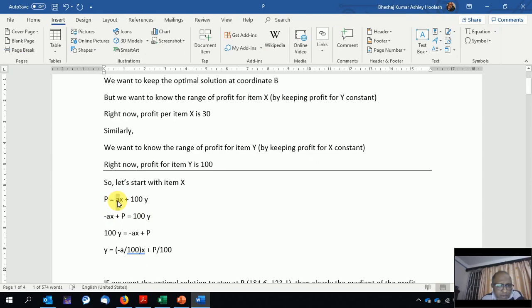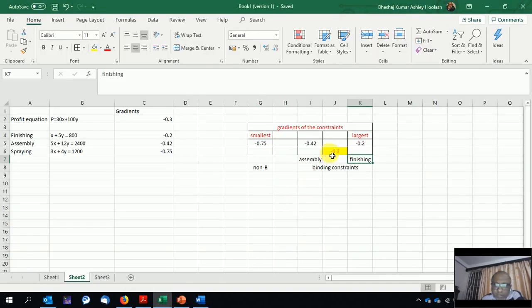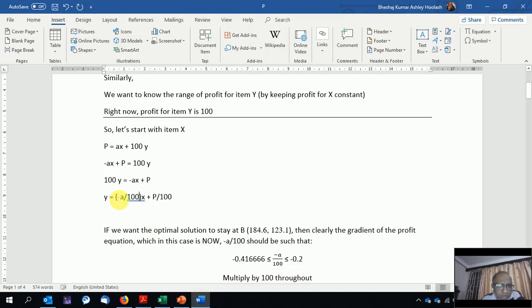If I rearrange, I'm going to get this equation. Take your time and practice it. And now, instead of having minus 0.3 as the gradient, I have a general number, a, and I want to find the range of values of a here. Remember, a was 30 initially.